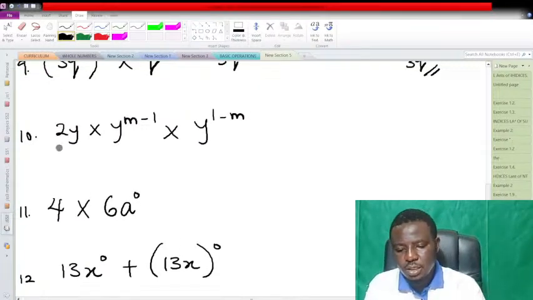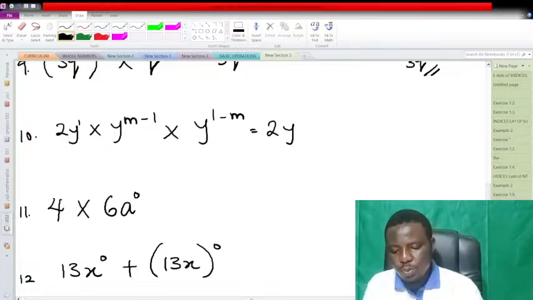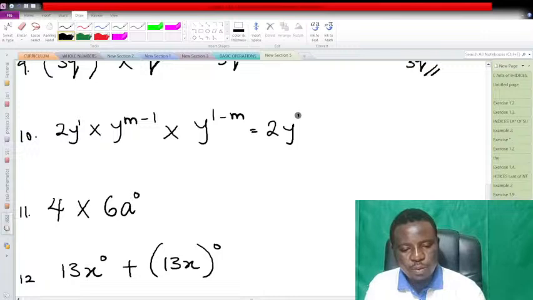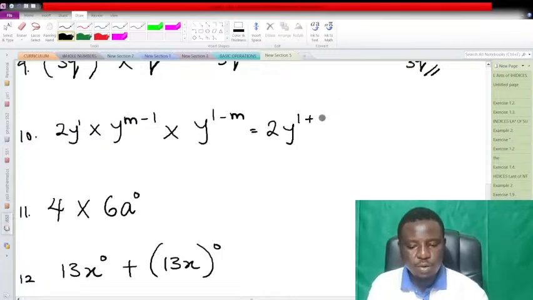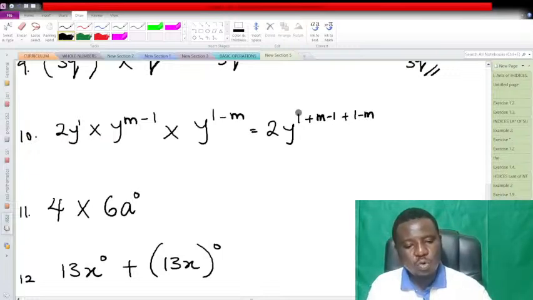Question 10, multiply out the coefficients. This is said to be 2. They all have the same basis, which is y. This is y raised to the power of 1. So this becomes y raised to the power of 1 plus the power of the second term, which is m minus 1, plus the power of the third term, which is 1 minus m. So let's now add up all the powers.